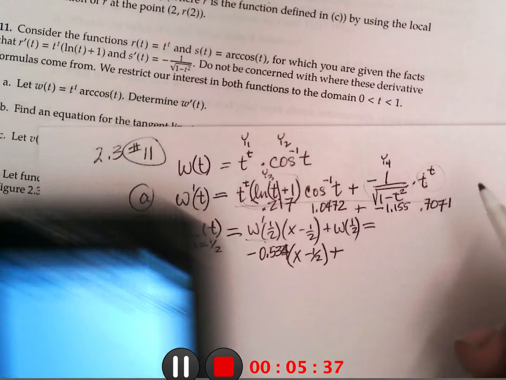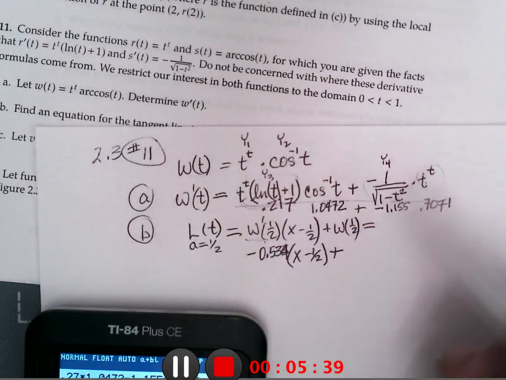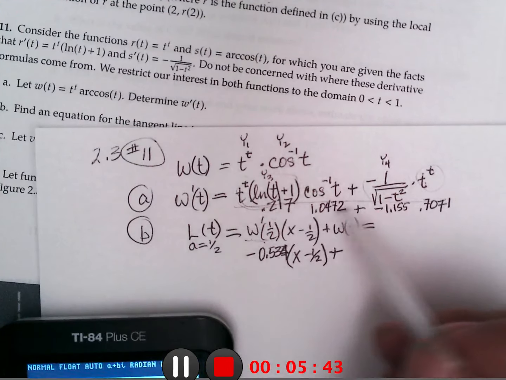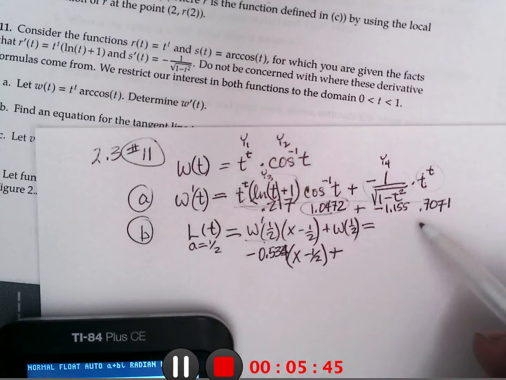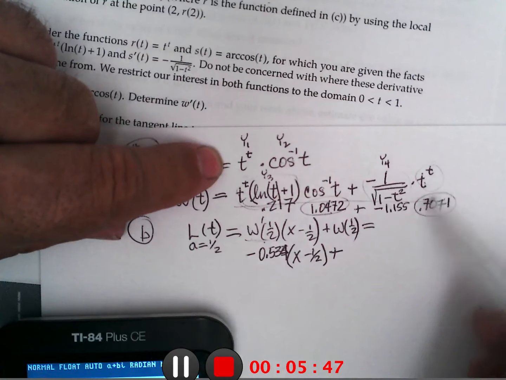Well, it's just these two, so it's y1 and y2 multiplied. So I just got to take these two and multiply them for this part out here.